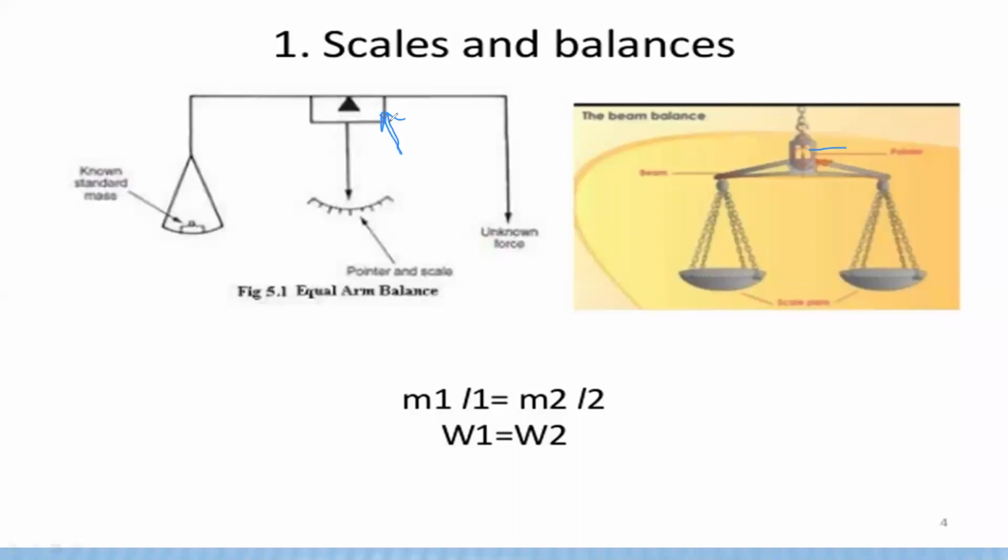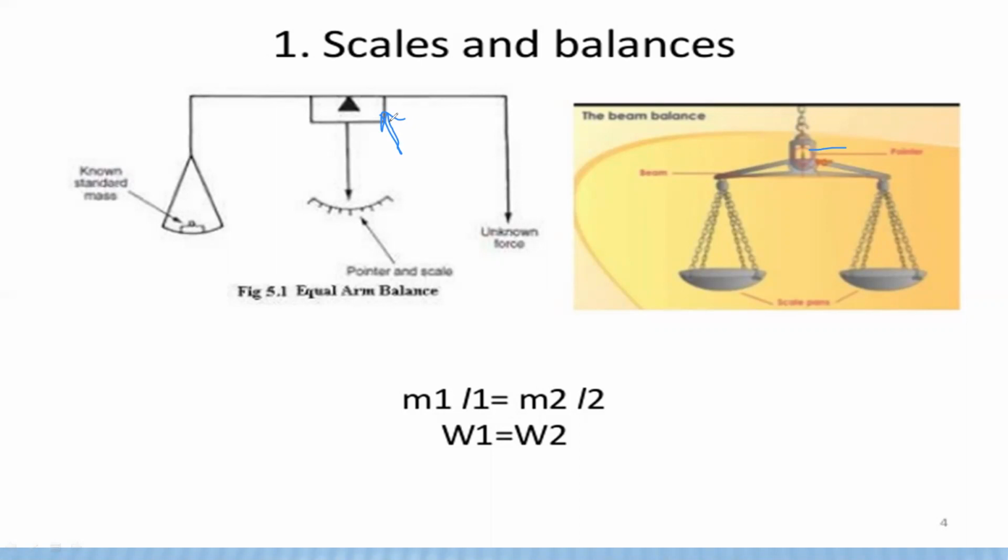A knife edge fulcrum is placed in the center of the equal arm beam balance. Okay, so you can see on the right side, an unknown amount of force is placed, and under the left side of the equal arm beam balance, a known standard mass is placed.